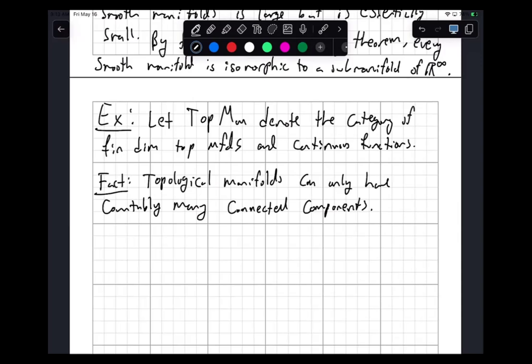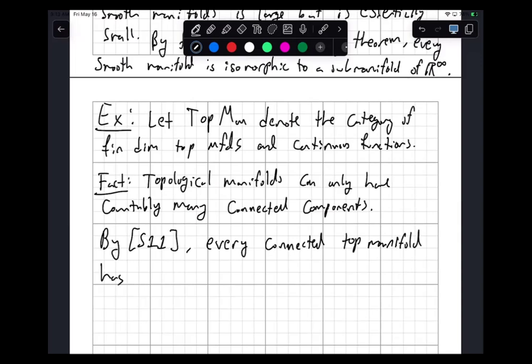Now, I'm just going to give the references here. You can find them in the notes. There are some nice Math Overflow answers. By this, every connected topological manifold has cardinality at most the continuum.